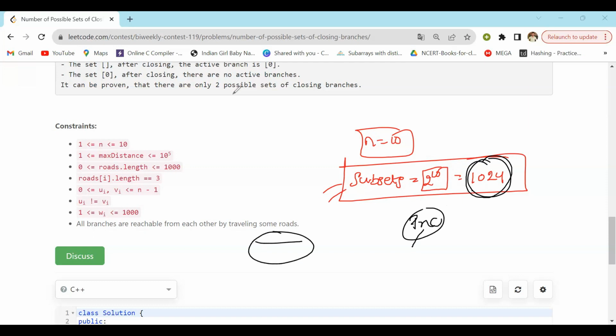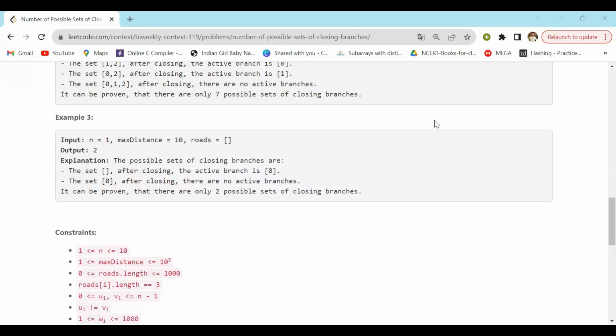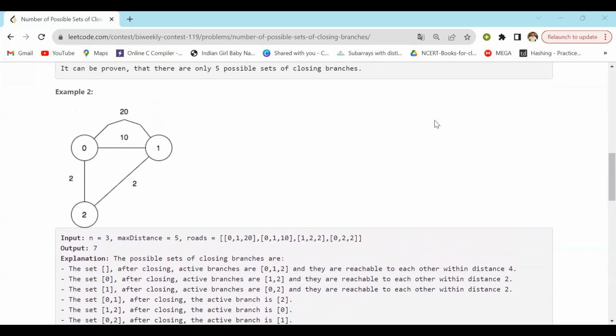For example, let's take an example. Let's say we have a subset here, 0, 2.